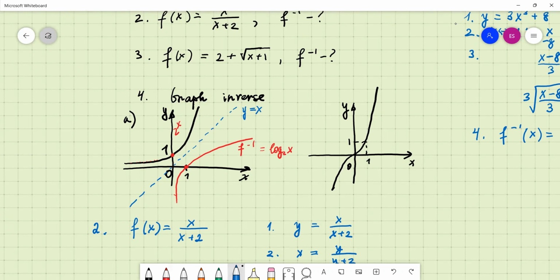For the next function, I'm going to also graph the y equals x line and try to find inverse points. First, the 0 point is not going to move, right? The 1 point is not going to move, and the negative 1 point is not going to move.